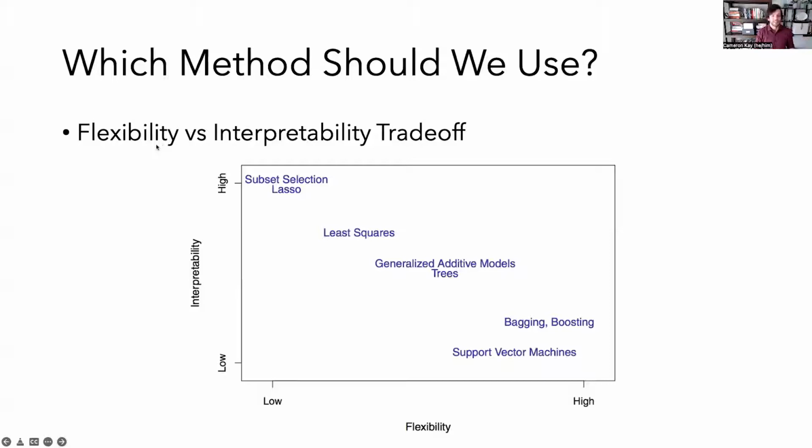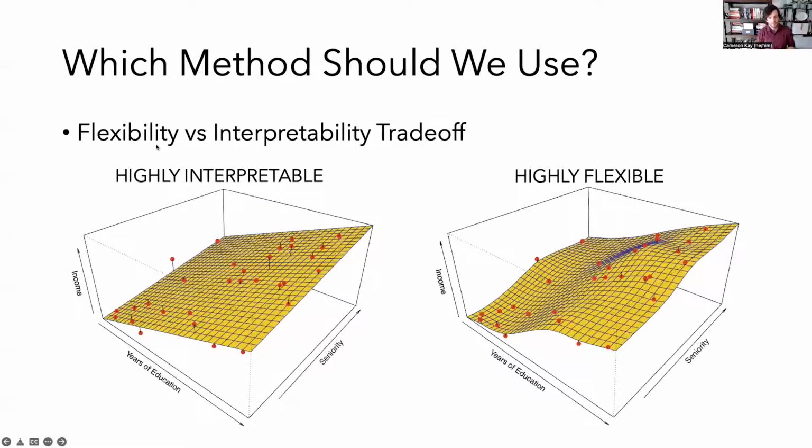So this is just another way of showing a difference between interpretable and flexible models, right? This figure over here is very interpretable. You get a flat plane, but we see that we have these larger residuals here. We're not making perfect predictions. In comparison, we can have this smooth plane that has very, very small residuals, right?